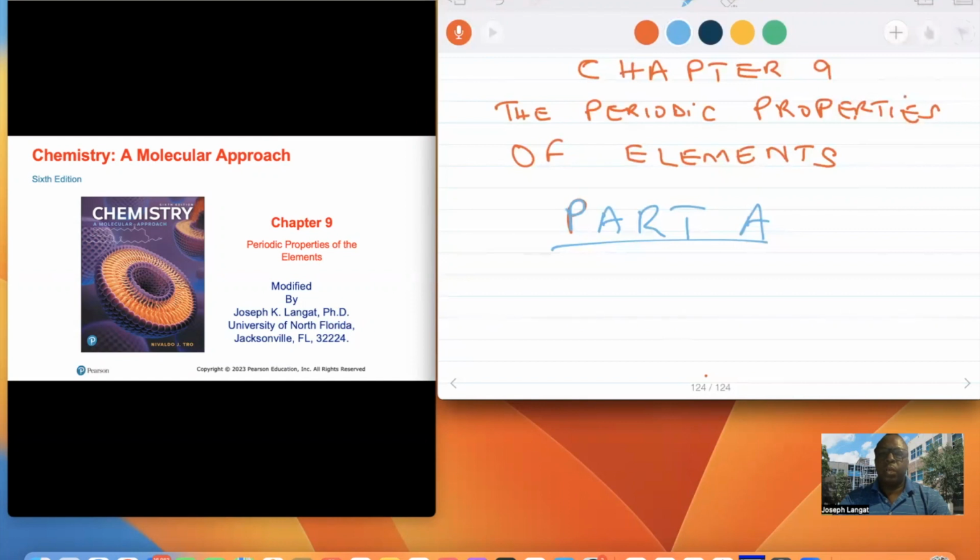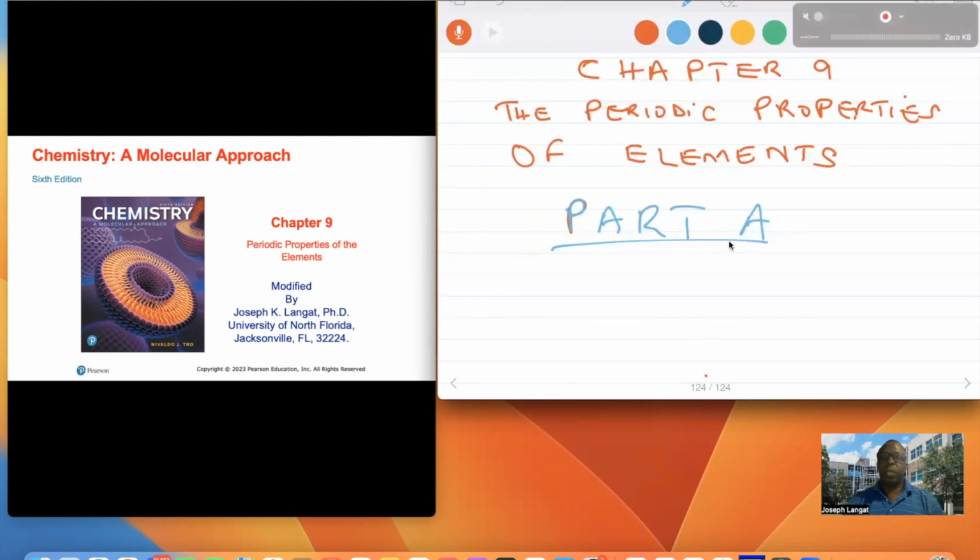This is the chapter on periodic properties, which I believe we have covered most of the concepts of. We'll talk about them in Chapter 9, periodic properties of elements.